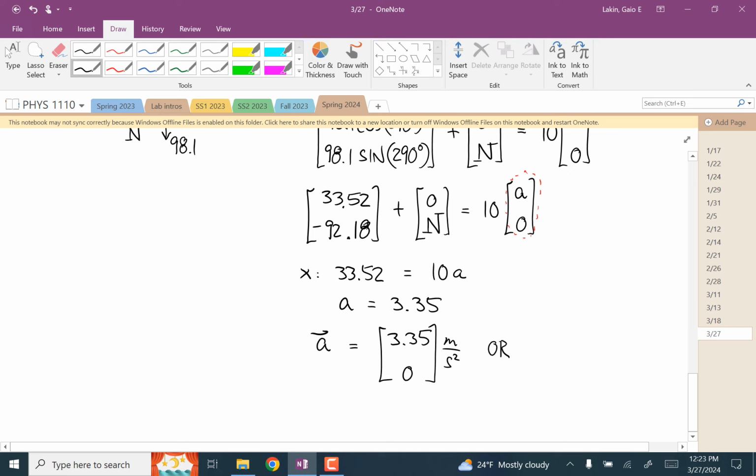Or if you want to visualize the direction, it's in our positive x direction, which was down the ramp, 3.35. Any questions about that?